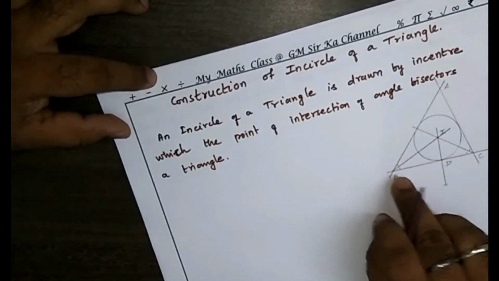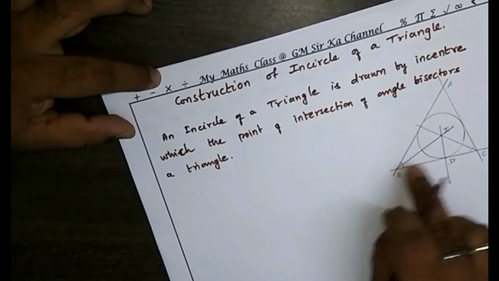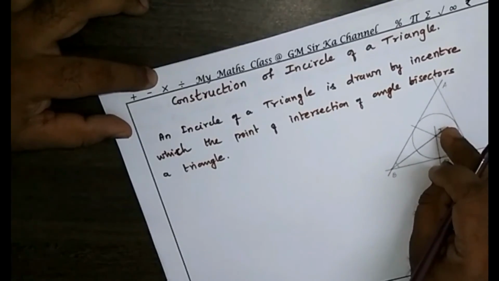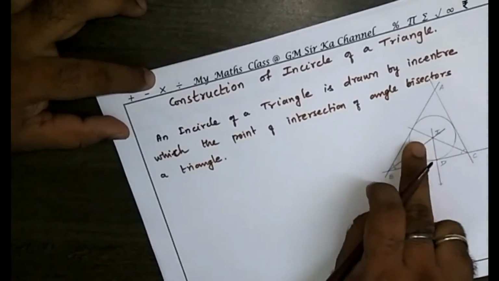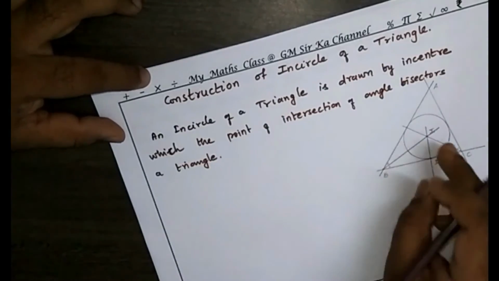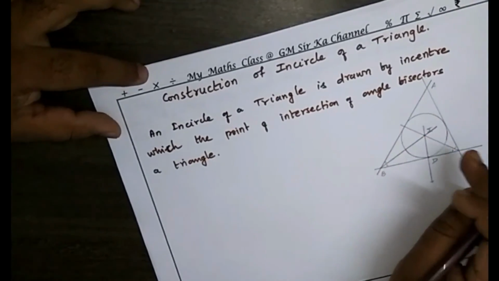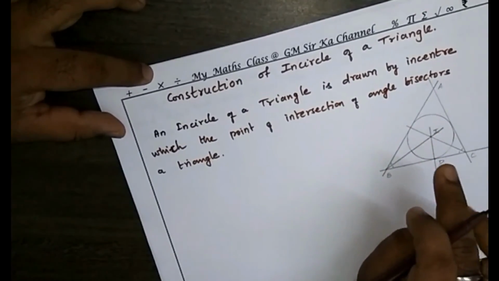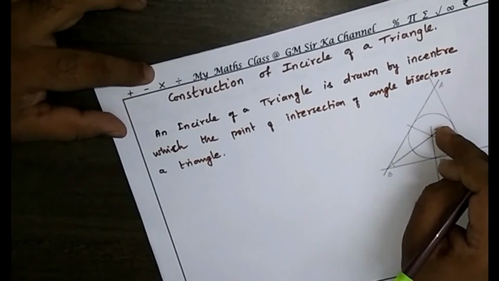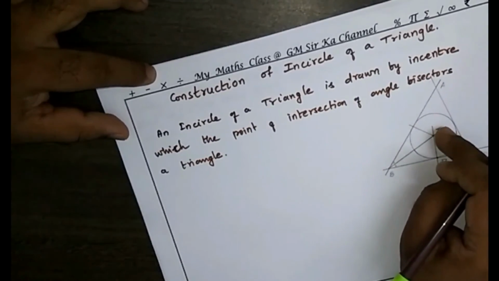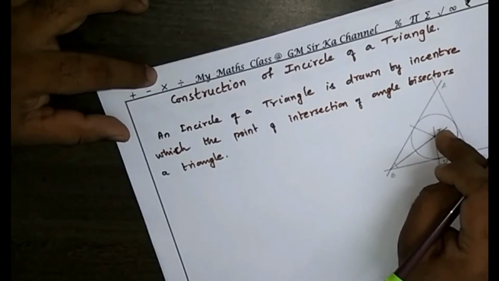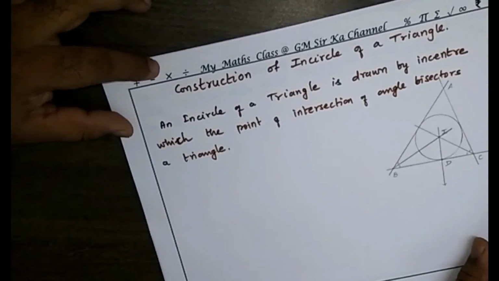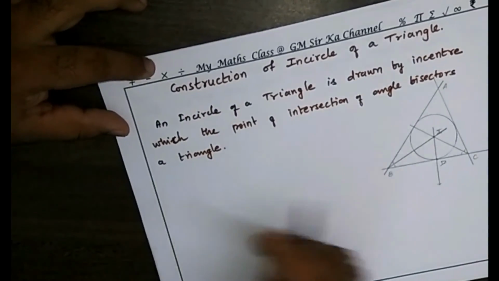So we can see angle bisector BI and angle bisector CI meet at I. It is enough to draw any two angle bisectors to get the point of intersection, which is the incenter of the triangle.